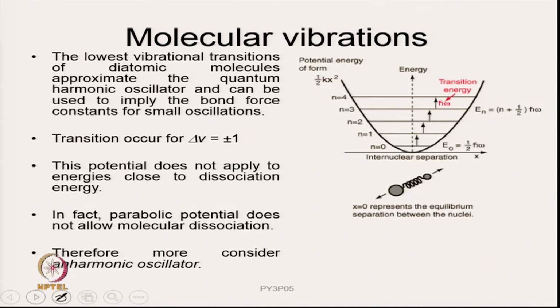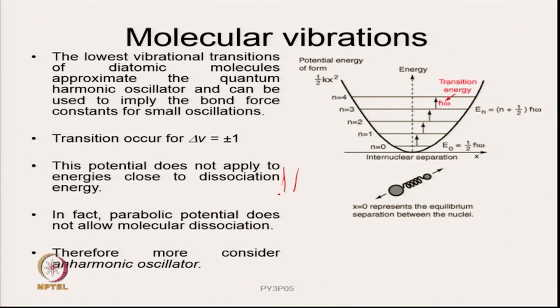For harmonic oscillation, delta V is equal to plus or minus 1, which means the transition is allowed. But this potential does not apply to energy close to the dissociation energy. This is a very important point: if we go towards the dissociation energy, then this potential is not going to apply.